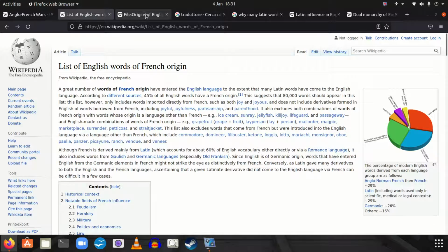Okay, this we have already seen. A great number of words of French origin have entered the English language, to the extent that many Latin words have come to the English language.